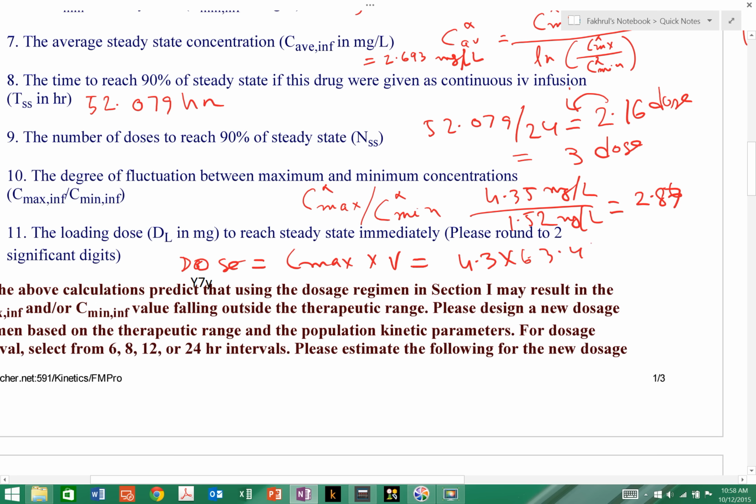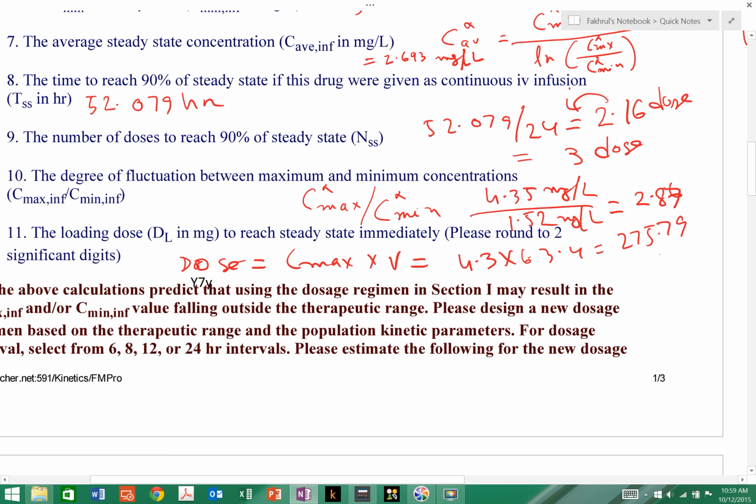So 4.37 times 63.4, which is about 275.79, so it is like 276.